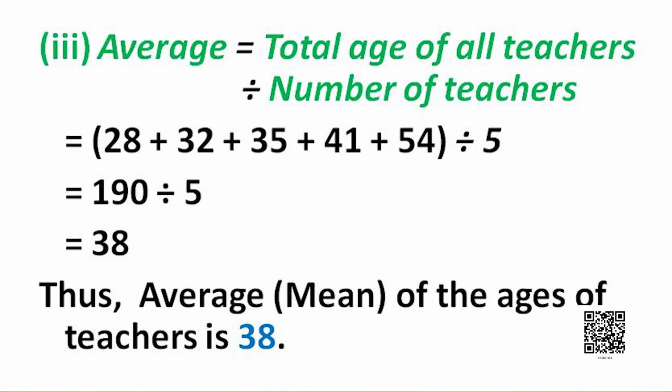That means the sum of the ages of all the teachers divided by the number of teachers. The total was 190, divided by 5. Then I got the average, 38. So this 38 came as the mean of the data taken from the teachers, right?